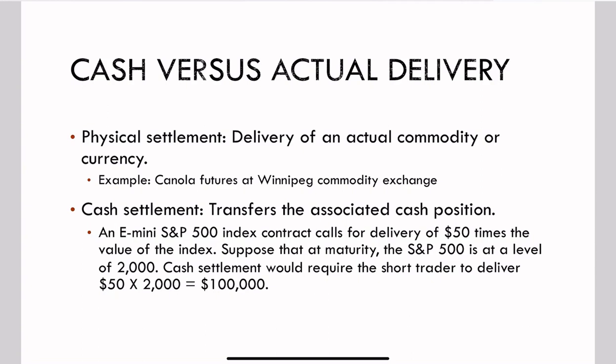And nowadays, there are still some futures contracts which require actual delivery. For example, the canola futures at the Winnipeg Commodity Exchange. So in this case, if you're in a short position, you have to deliver canola to the long position.